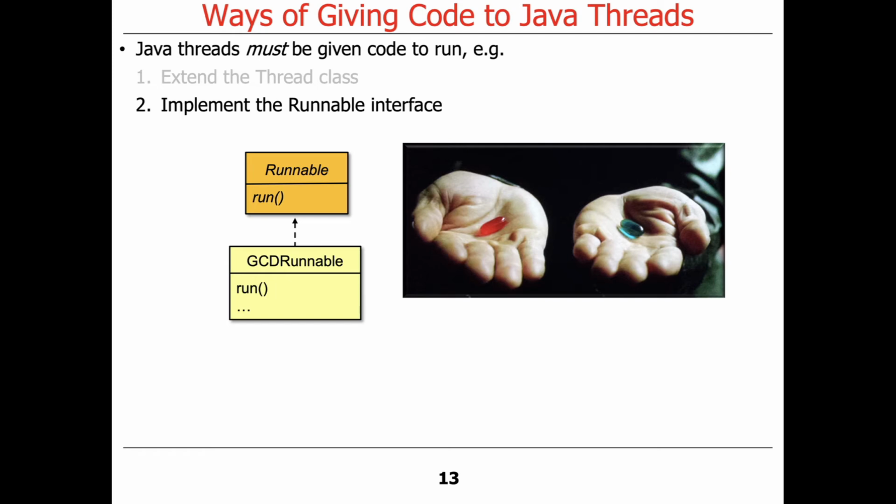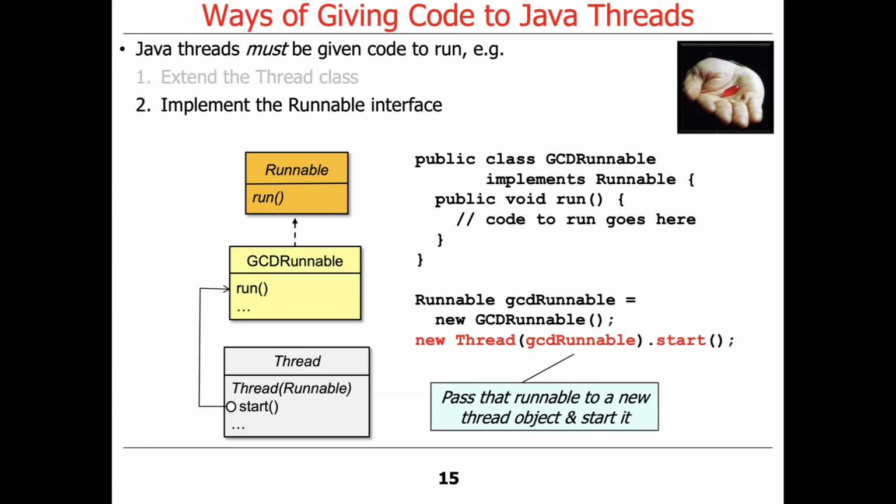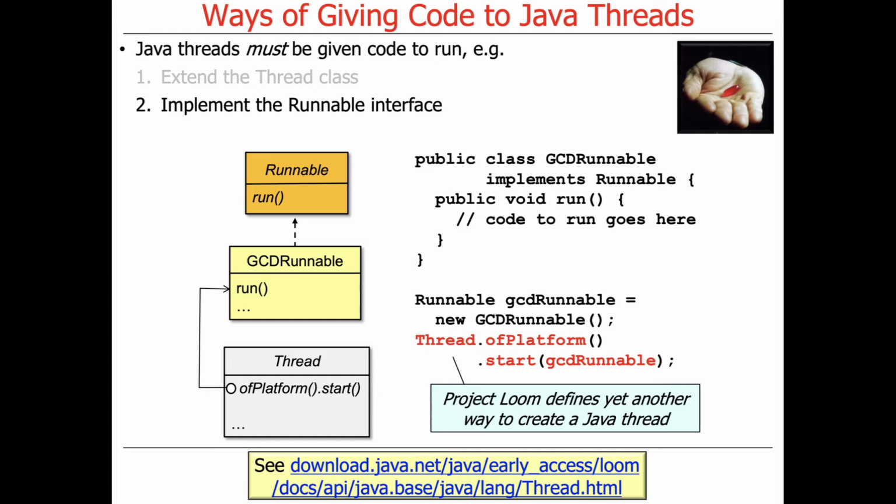There are two primary ways of managing runnables. One is to create an instance of a named class. As you can see here, GCD Runnable implements Runnable and fills in the run hook method. Then you can say new GCD Runnable. That's one way to do it. And after we do that, we can then pass the Runnable object to the thread constructor and start it.